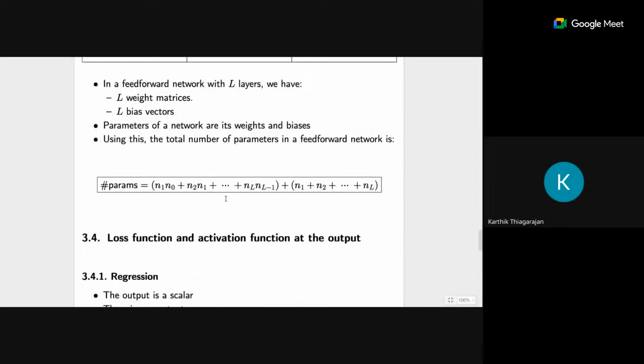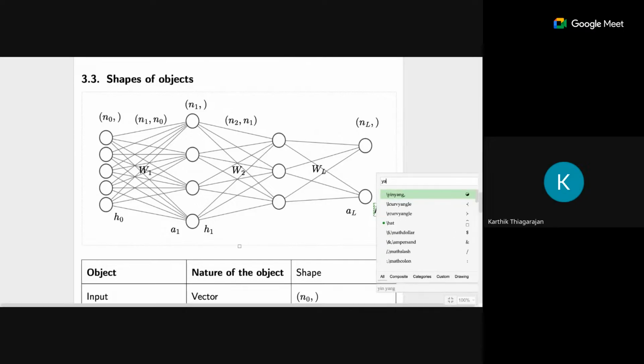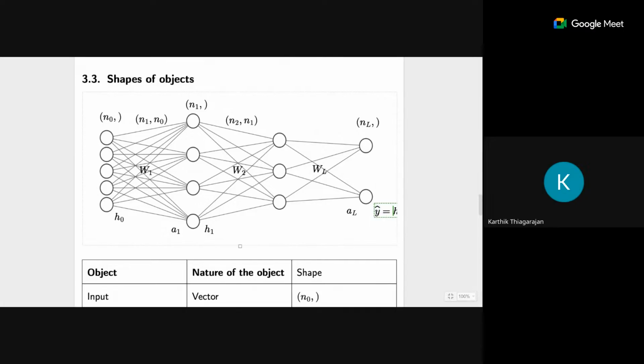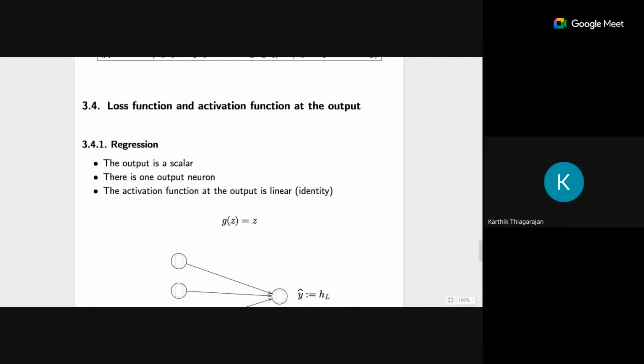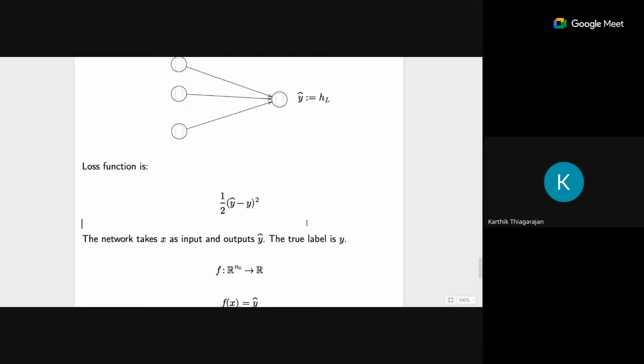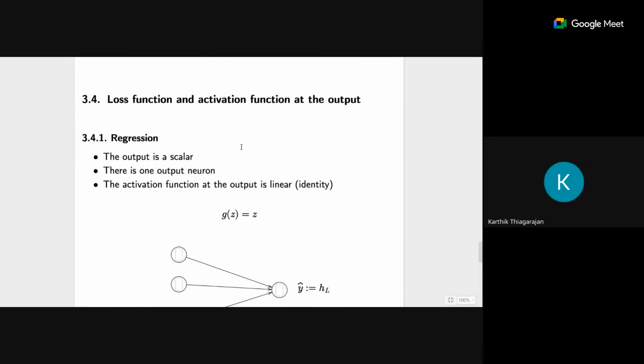H0 is the input, that is X. HL is the output, that is also the same as y hat. I hope this part is clear. So H0 is the input, that is x. Output is y hat or HL. We call it y hat. And then this is the loss. So that is for regression.